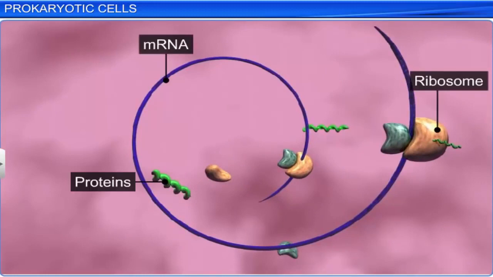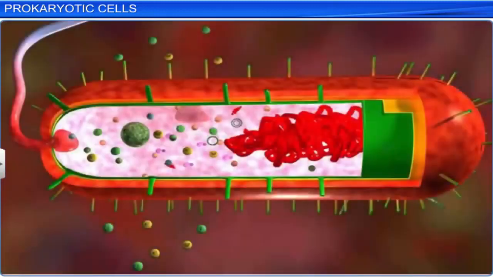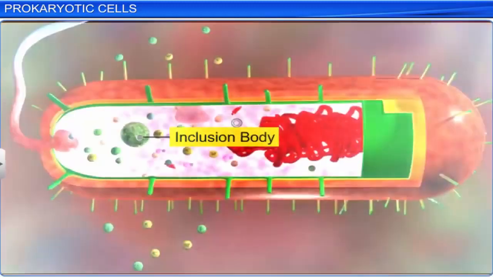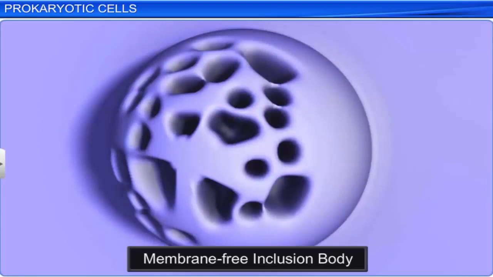Apart from the ribosomes, cytoplasm also contains inclusion bodies such as phosphate granules, cyanophycean granules, and glycogen granules, which are used for storing reserve materials. These bodies are not bounded by any membrane system and lie free in the cytoplasm.